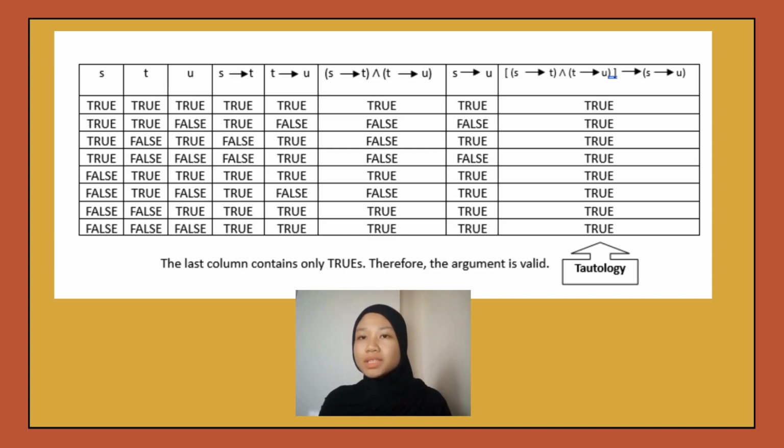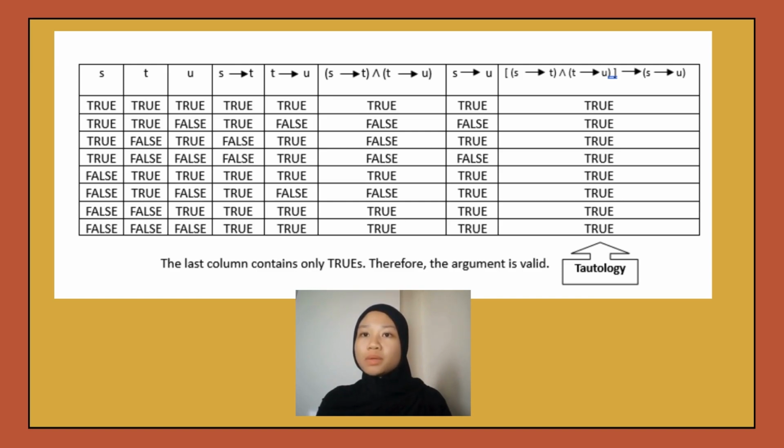For S implies T, the column is true, true, false, false, true, true, true, true. For T implies U, the column is true, false, true, true, true, false, true, true.